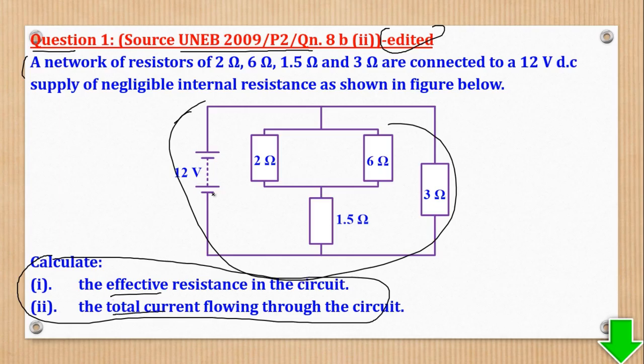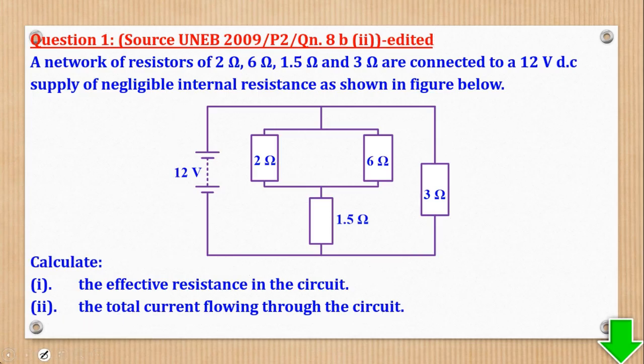That is why I edited this question. So this question will be redone when its part comes. But for now, let's use the circuit to get these two questions. So when you see this word edited, it means I modified the question to meet what we have so far covered.